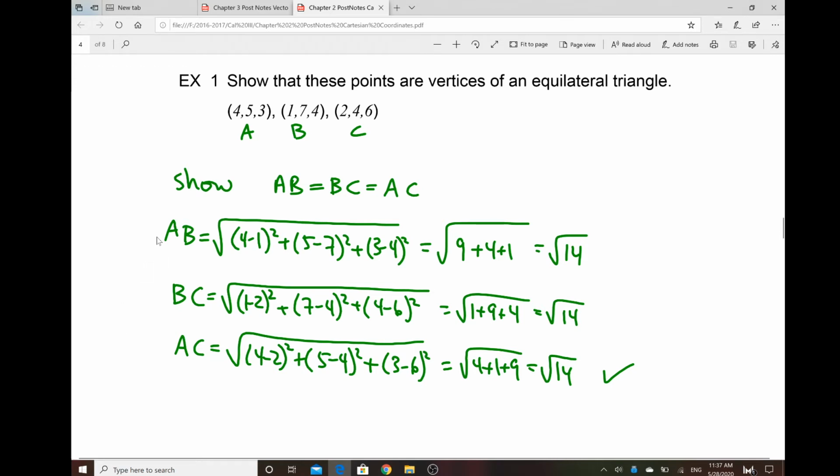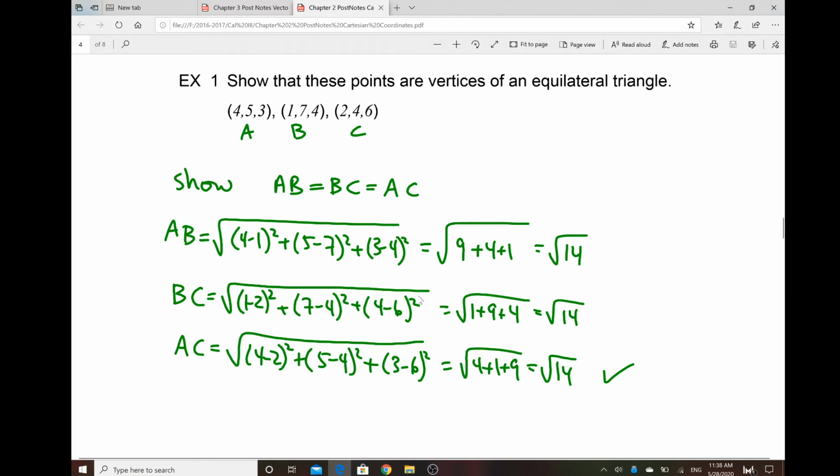Start with the distance AB: 4 minus 1 quantity squared plus 5 minus 7 quantity squared, plus 3 minus 4 quantity squared. Once you evaluate it, it's root 14. And then BC, similarly: 1 minus 2 quantity squared plus 7 minus 4 quantity squared plus 4 minus 6 quantity squared.